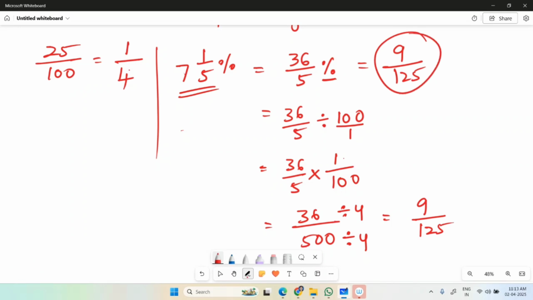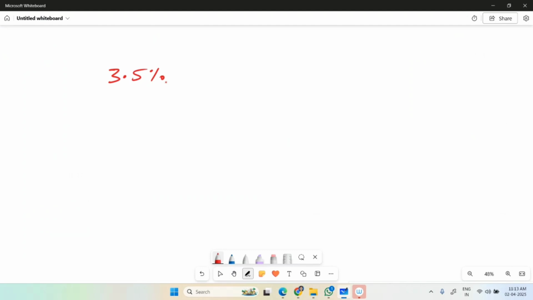Okay. Now let's convert a decimal percentage into a fraction. Let's convert 3.5 percent into a fraction. 3.5 percent can be written as 3.5 out of 100. But here we have to convert 3.5 into a fraction first.